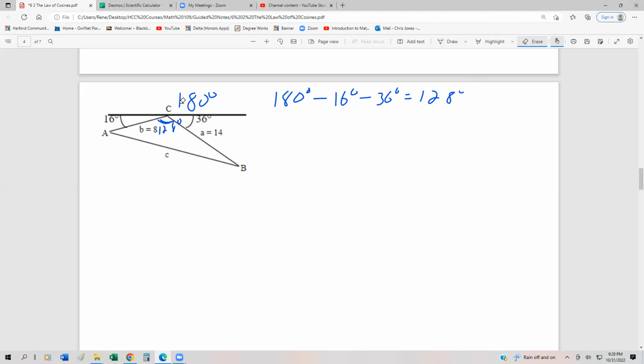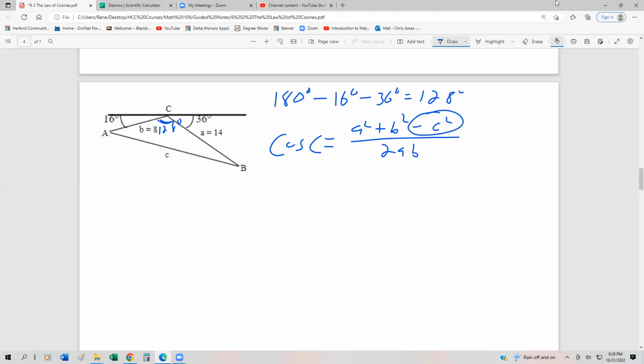Okay. Now that we know that, we can go ahead and use the law of cosines, because we recall that one of the rules says that the cosine of C is a squared plus b squared minus c squared divided by 2ab. And we know all the components except for c squared. And once we solve this, we should be able to find c squared rather easily.